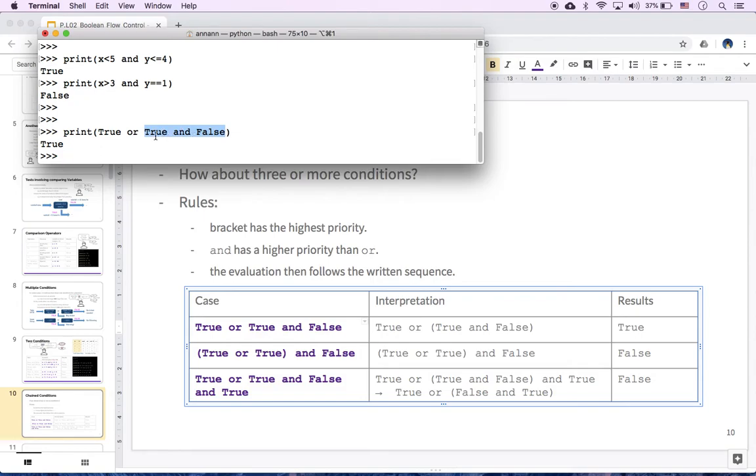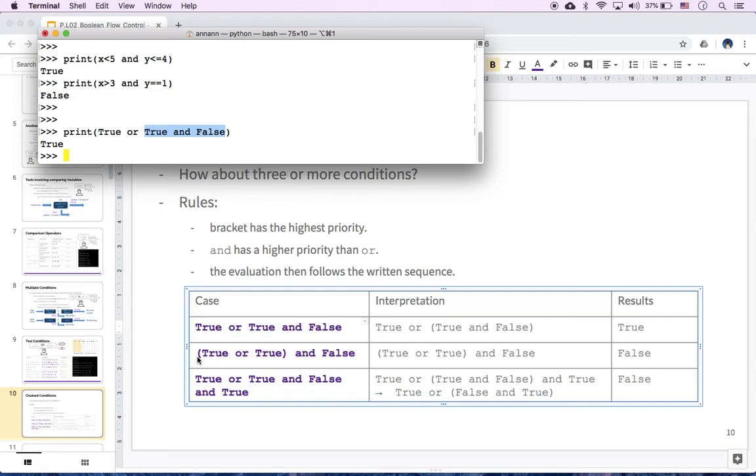It will be false, right? So your computer processes this, and then we'll have a false here. We replace this whole part, and then true or false would be true. So that's why we have a true here. So the result is true. So this column is interpreting what the computer is doing.